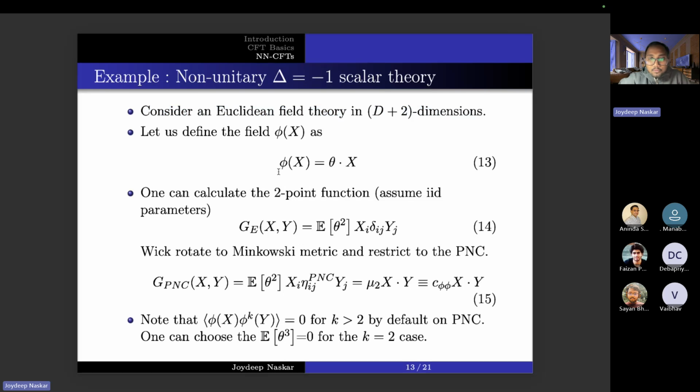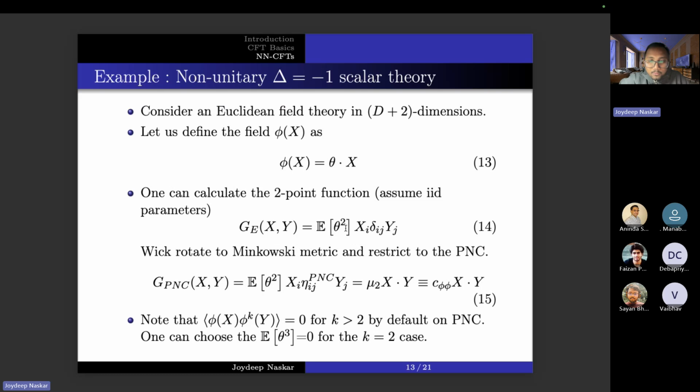So we have our field. Now we are going to compute, say, the 2-point function. In the Euclidean theory, what I'm going to get is the expectation value over one theta coming from one field and another coming from the other, because of this delta ij. We are assuming IID parameters, so when the two thetas are not the same, they are just zero.